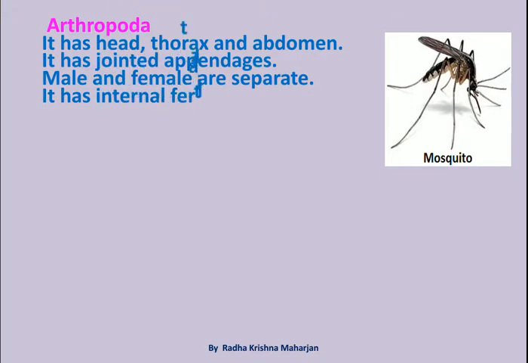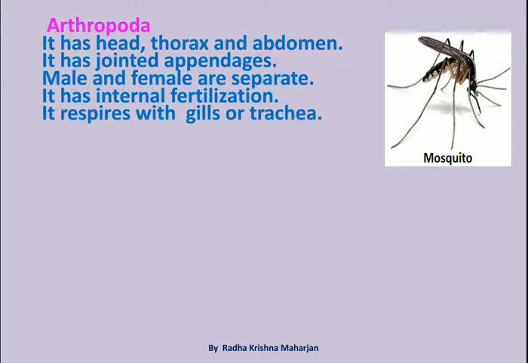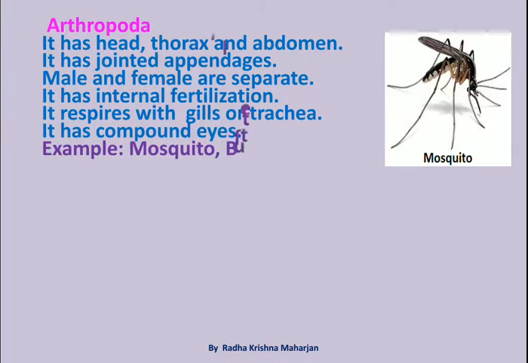It has internal fertilization. It respires with gills or trachea. It has compound eyes. Example: mosquito, butterfly, ant.